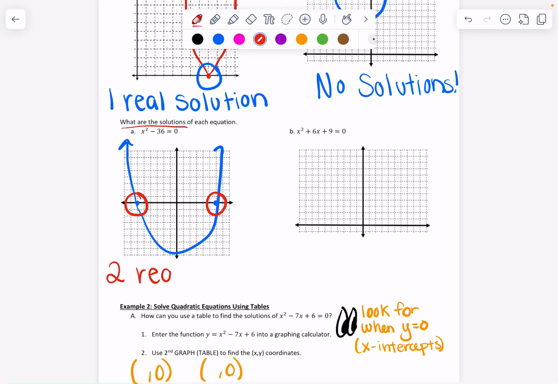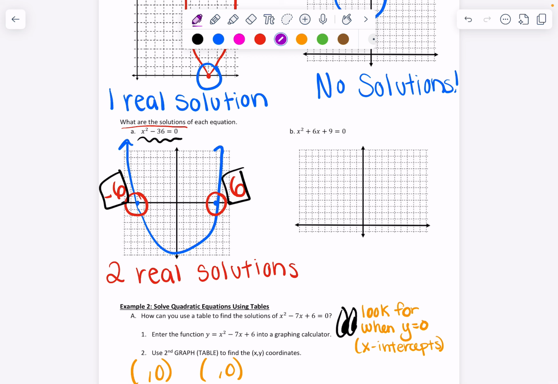So there are 2 real solutions. That's how many solutions we have. Now, bonus, this one does say what are the solutions. It looks like we cross the x-axis at +6 and -6. So those are the actual solutions. Try to figure out where we got those from in our function as well.